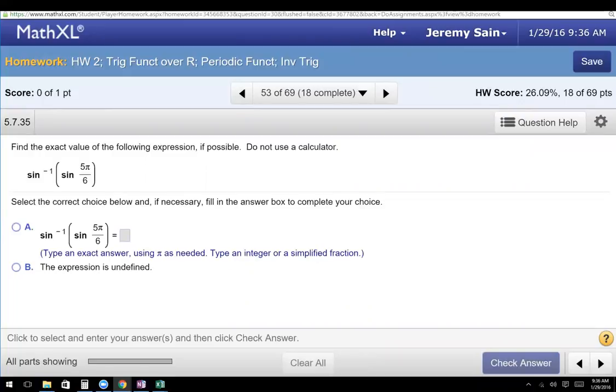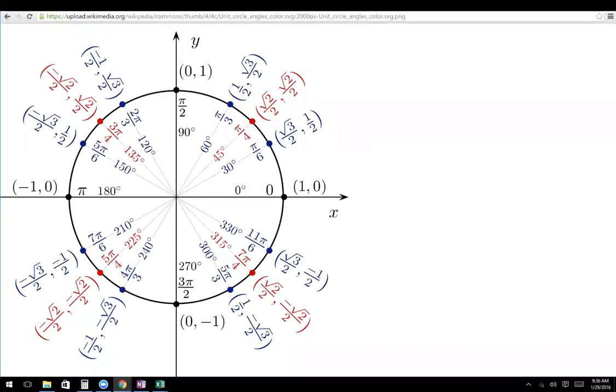Okay, so now we're going to think for a second. So sine of 5 pi over 6 means go to 5 pi over 6 on the circle and find the y coordinate. Inverse sine says look for that y coordinate in quadrant 1 or quadrant 4. So let's go back to the unit circle real quick. 5 pi over 6 is where?